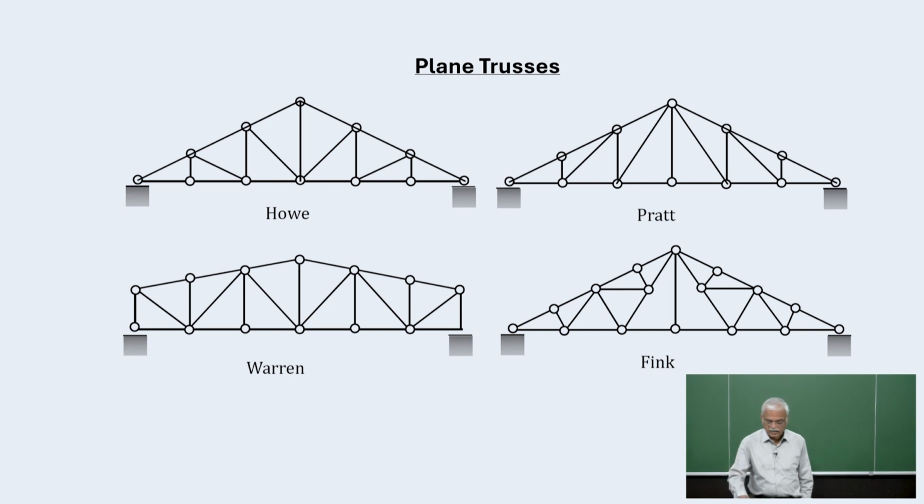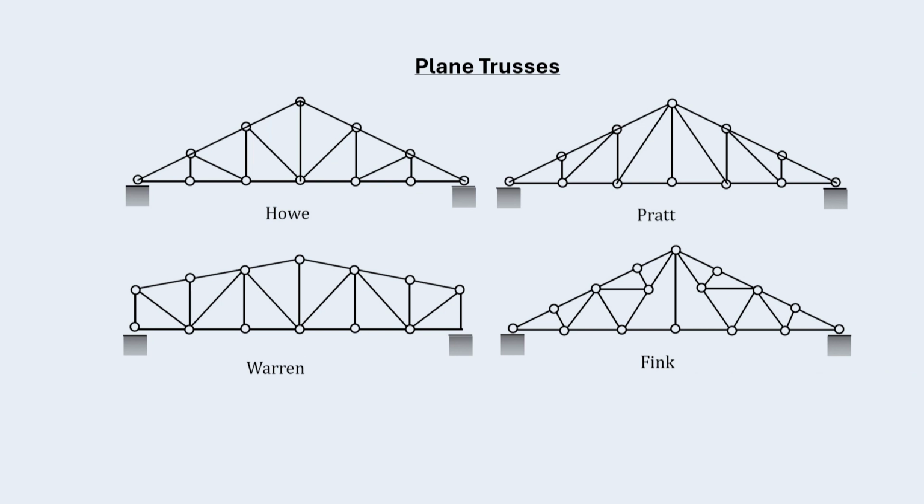Our interest here is primarily to find out the deformation. More than the deformation, we would like to find out what forces each member is subjected to, and we would like to find out the stresses in each member, so that we can use it for design purposes later and make the structure safe.